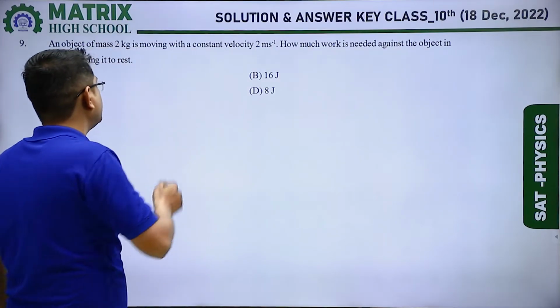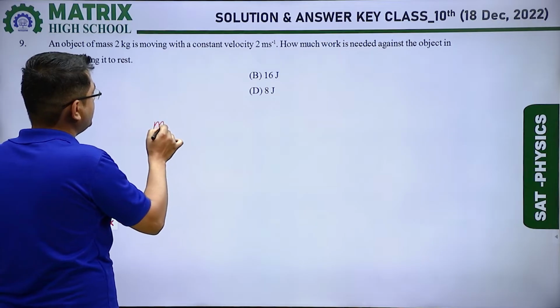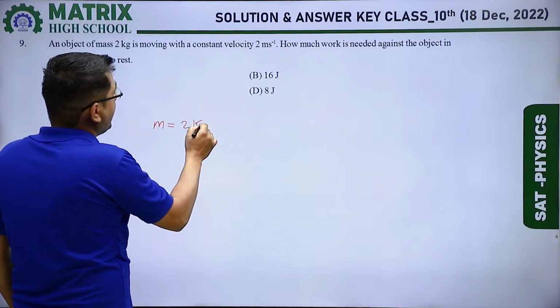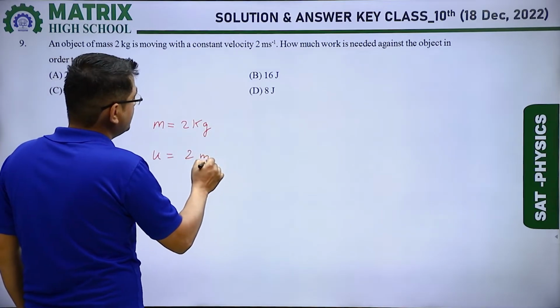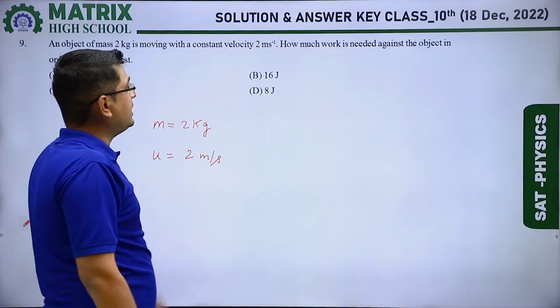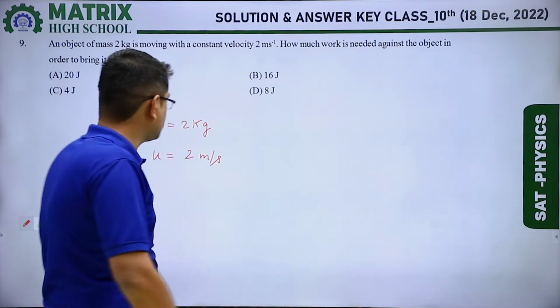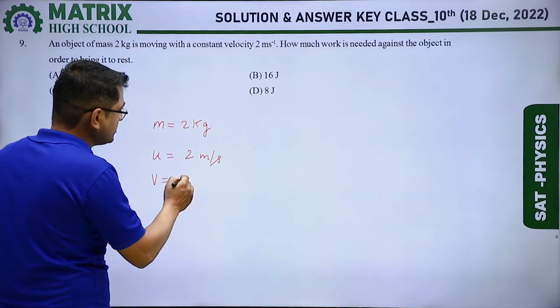First of all, I am writing the given quantities here. The mass of the body is given as 2 kg. Then its initial velocity is given as 2 meter per second. Then we know that in the end the body will stop, so its final velocity v becomes 0.